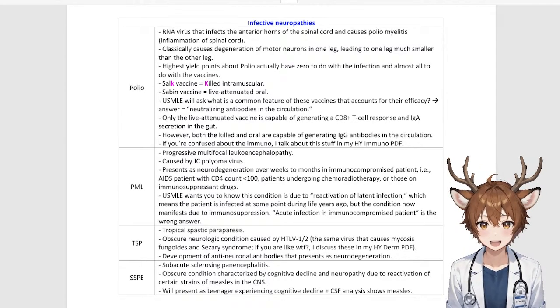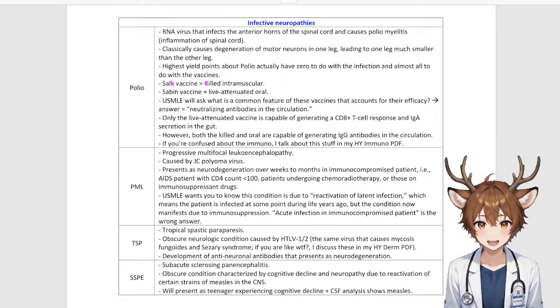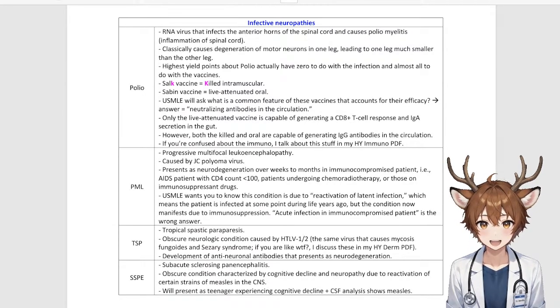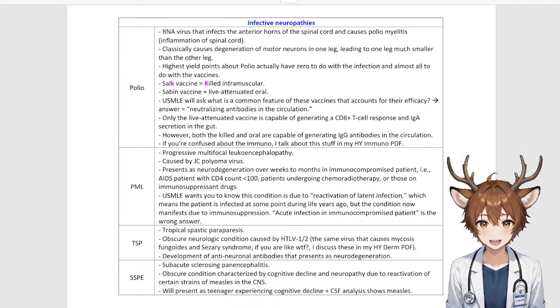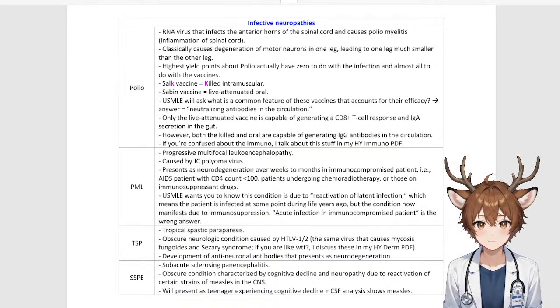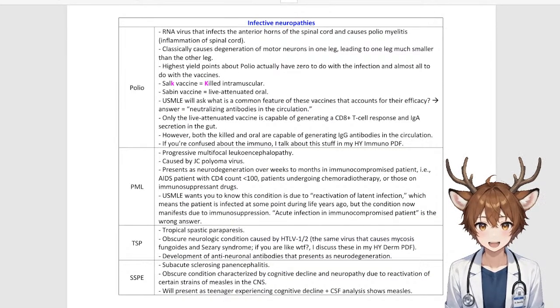Acute infection in an immunocompromised patient is the wrong answer. The answer should be, as we said before, reactivation of latent infection, because it's sort of this latent virus that's hanging out in the body that's only going to pop up again because of a compromised immune system.